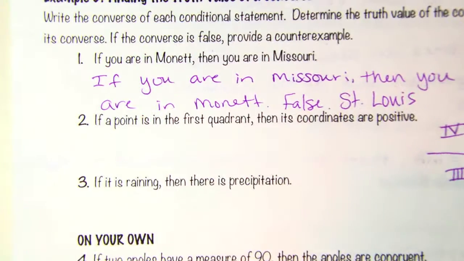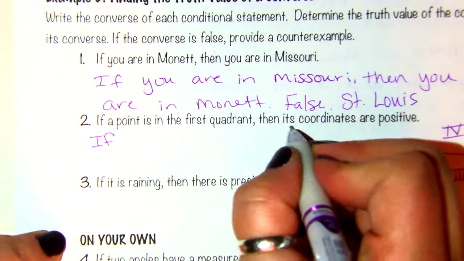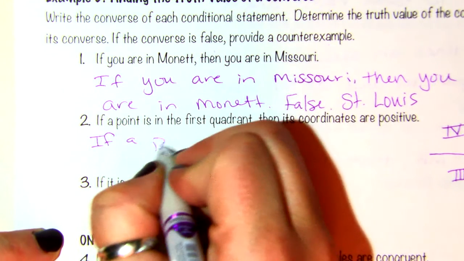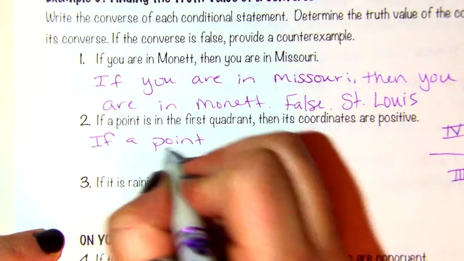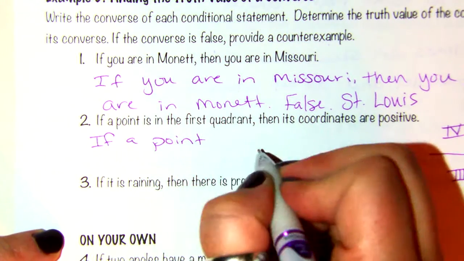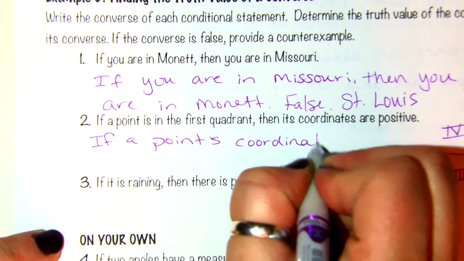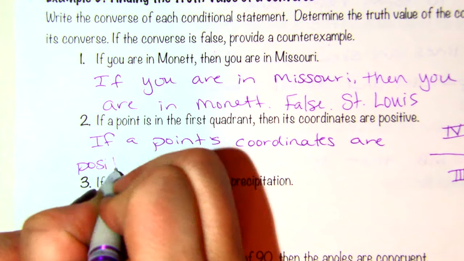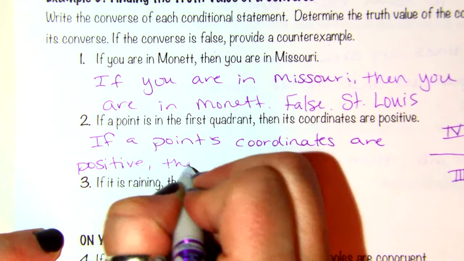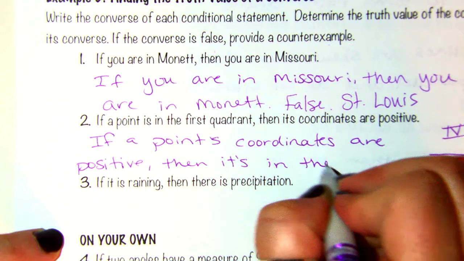So let's flip that and see if it's true. So if a point's coordinates are positive, then it's in the first quadrant.